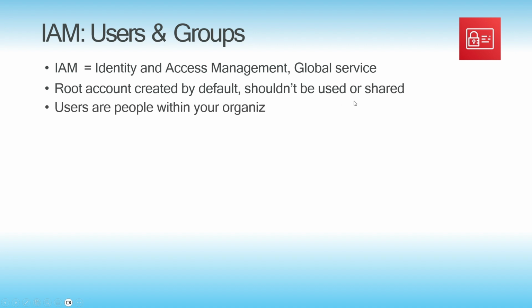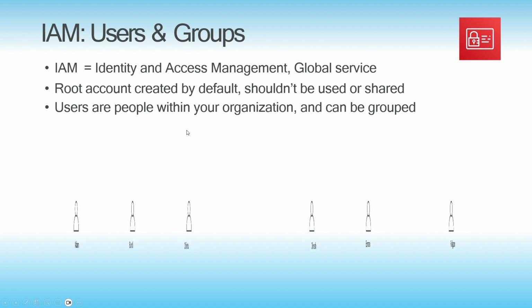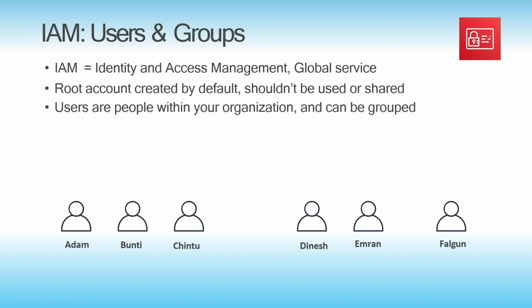Users are generally people within your organization, and they can be grouped. Basically, if a few people are doing the same set of tasks, they can be a group. So for example, here there are 6 users called Adam, Bunty, Chintu, Dinesh, Imran, and Falgun.